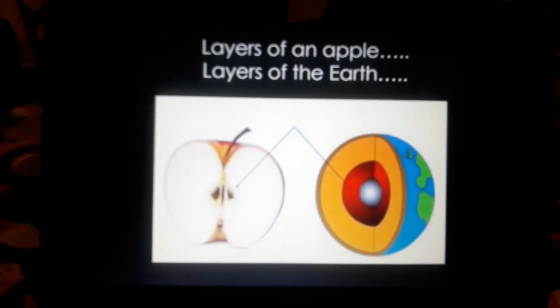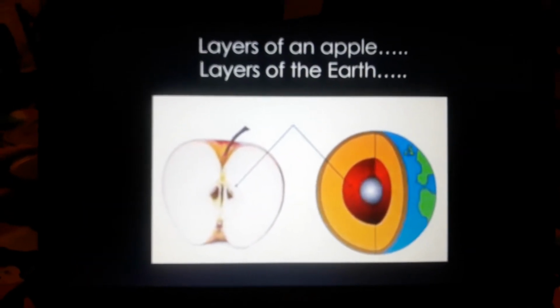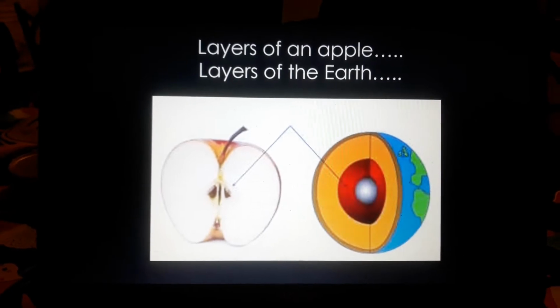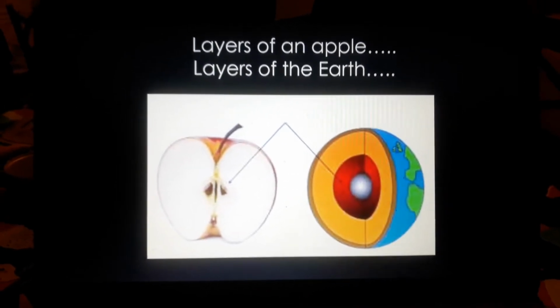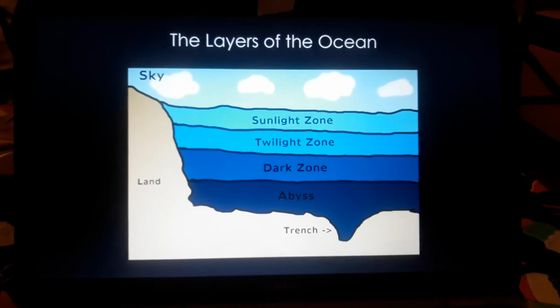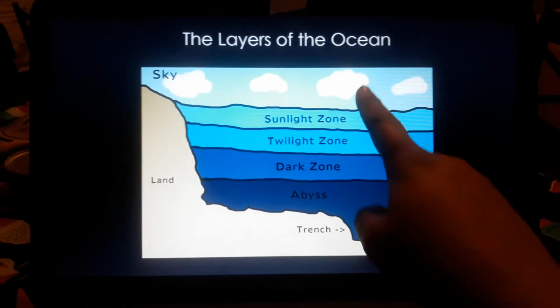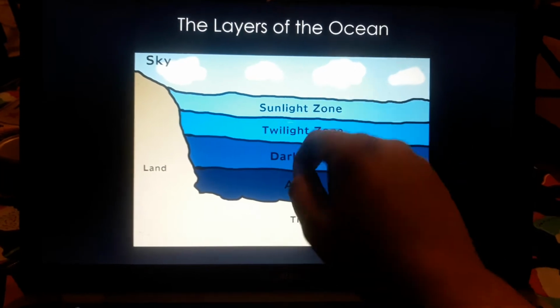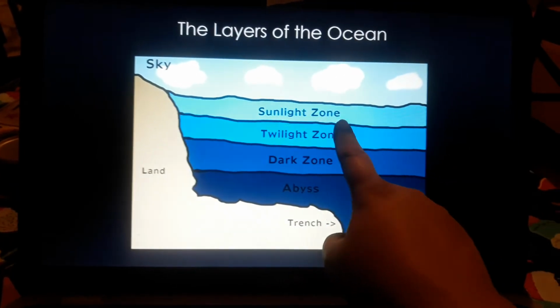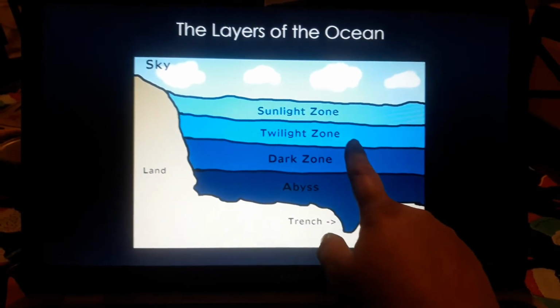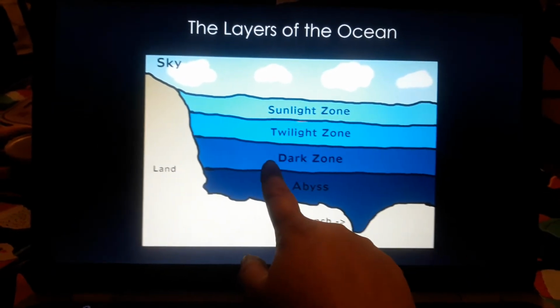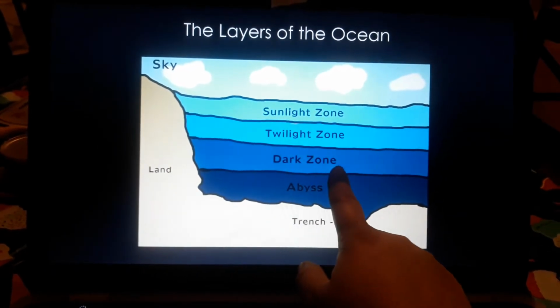All right, so just like we have layers of an apple, and we have layers of the earth, and we went over both of those this year, there's also layers to the ocean. Here you can see this is the sky with the clouds. The first layer is called the sunlight zone. The second layer down is the twilight zone. The next one down is either called the midnight zone or the dark zone.